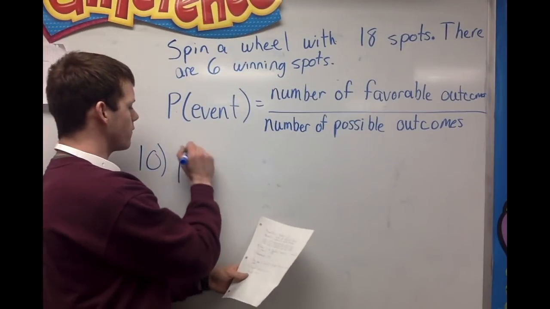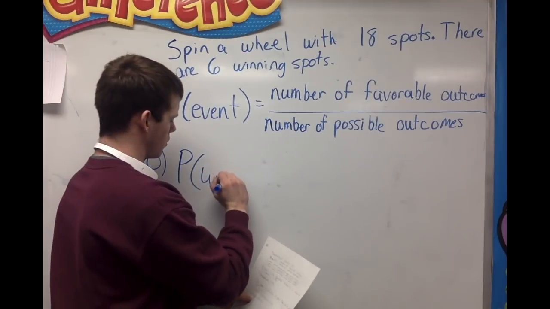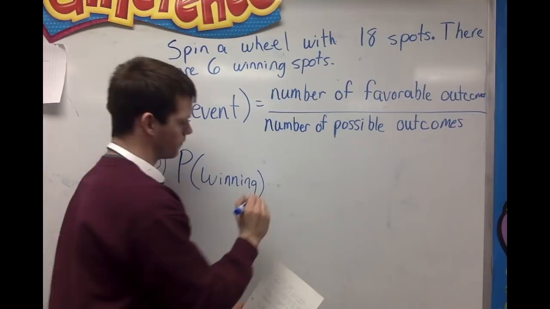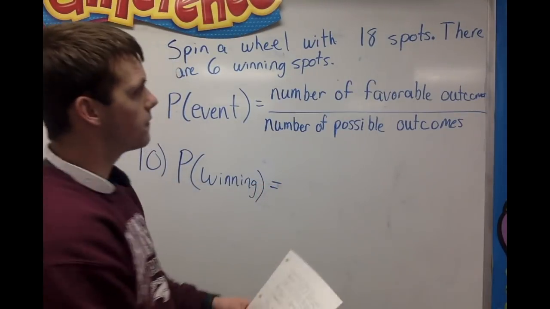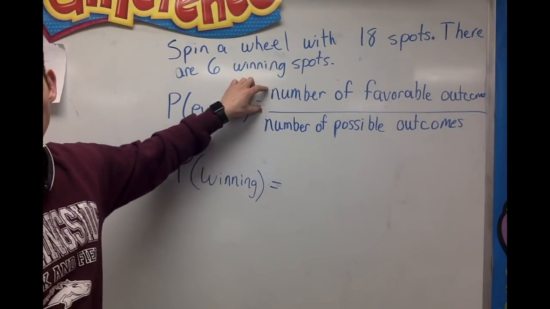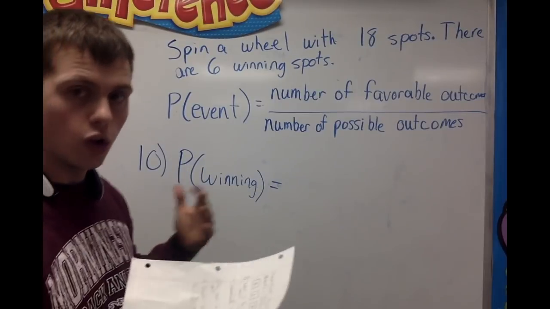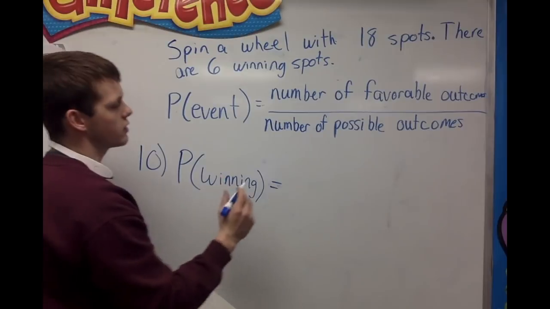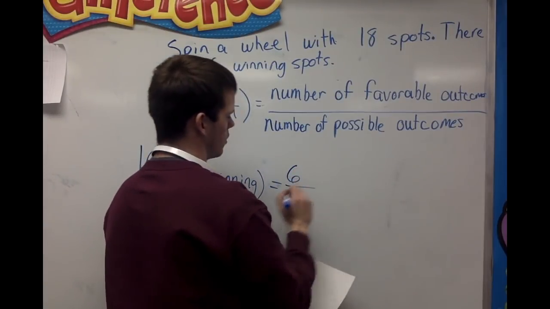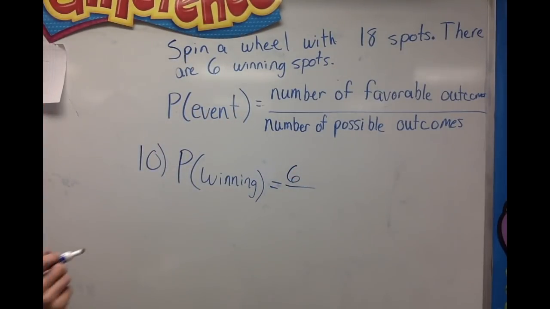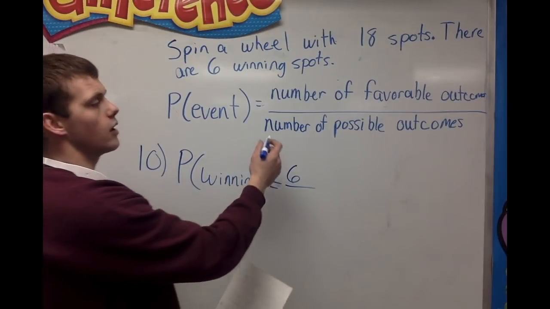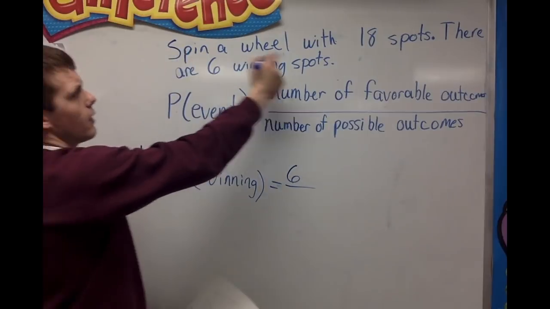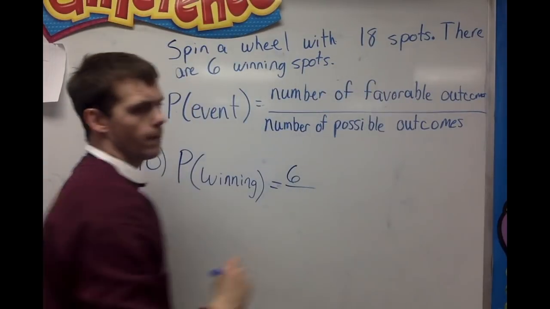So if we're trying to find the probability of winning, the favorable outcome, that's the one we want to happen, the one we're looking for. And if we're looking for winning, we know there's 6 winning spots. Now, how many possible spots are there? Well, we already found out there's 18 spots on the wheel.